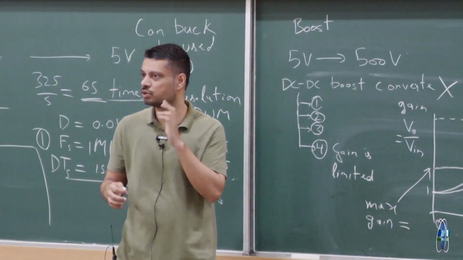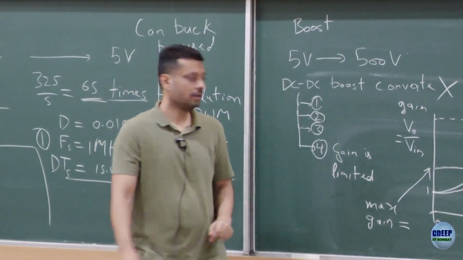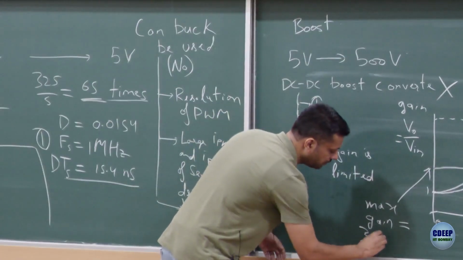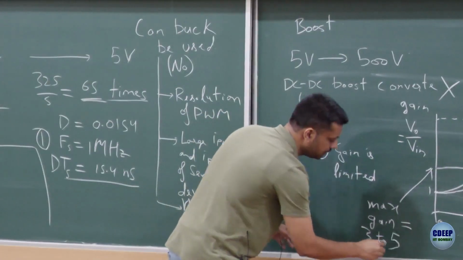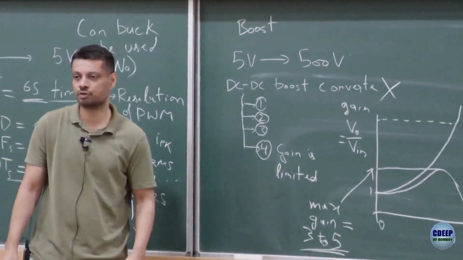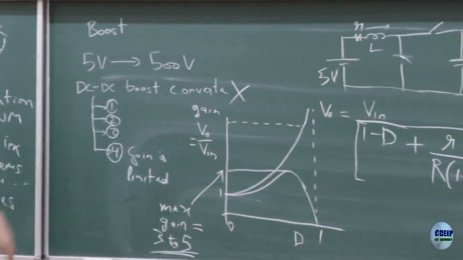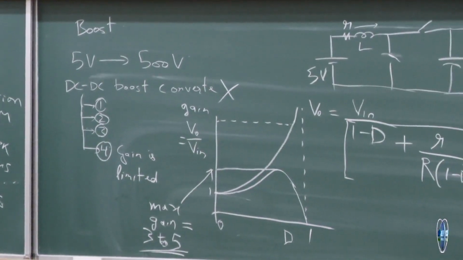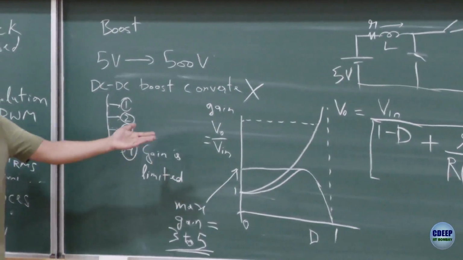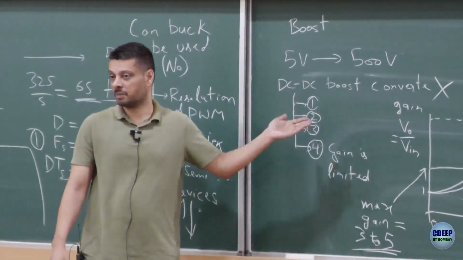Most applications you would see maximum goes up to 4. So if you have to put a value, you can put let's say 3 to 5 here, which are more experience based values, but that is it. You cannot have a gain of 100 from a boost converter. It's not even theoretically possible. Forget about the performance degradation.